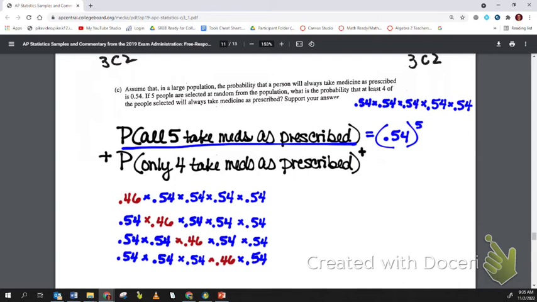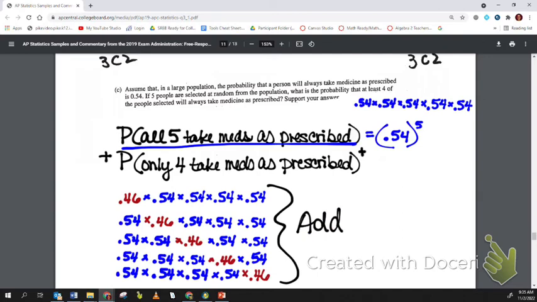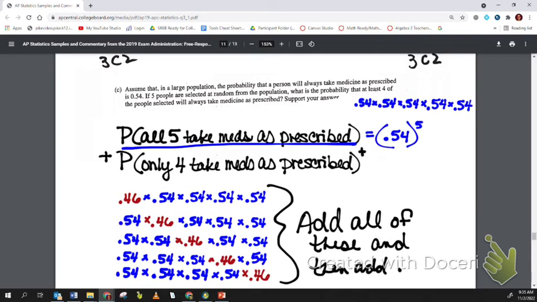If the 5th person doesn't. I need to add all of these up. And then add it to 0.54 to the 5th power from up here.